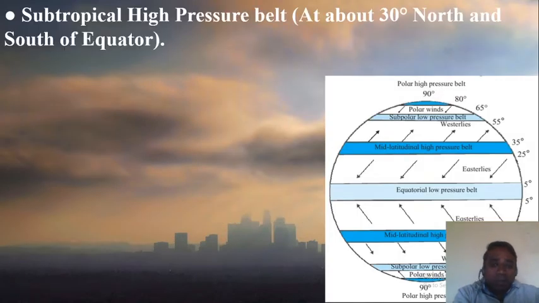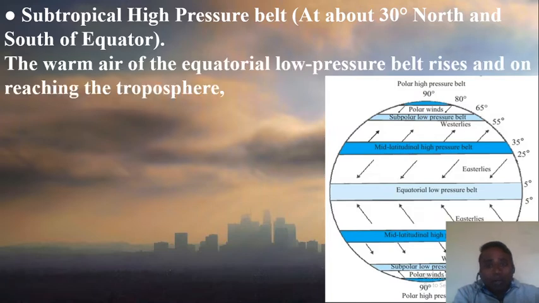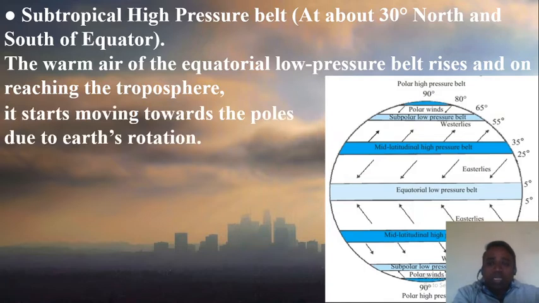The second pressure belt lies in the subtropical region, that is 30 degrees north and south of the equator. You can see that in the diagram. So warm air of the equatorial low pressure belt rises, and on reaching the troposphere it starts moving towards the pole due to Earth's rotation.